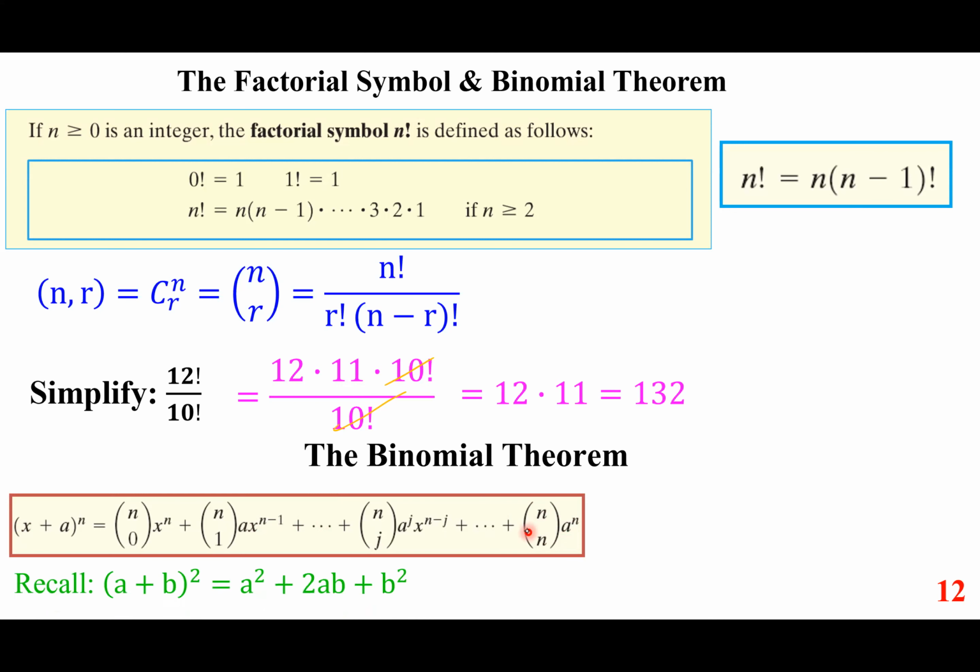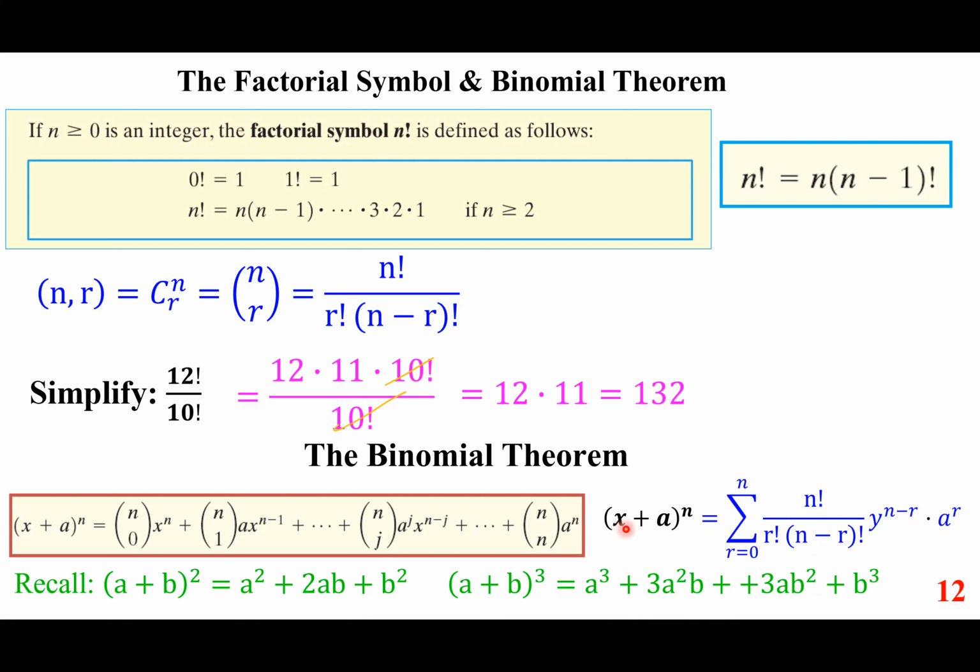A couple of them to remind you, for example, a plus b squared. Everybody remembers a squared plus 2ab plus b squared is really one of those binomial theorems. If we raise them to the third power, a cubed plus 3a squared b plus 3ab squared plus b cubed, that's another binomial theorem. And the other way you can write that, you can write it with a summation going from r equals 0 to n.